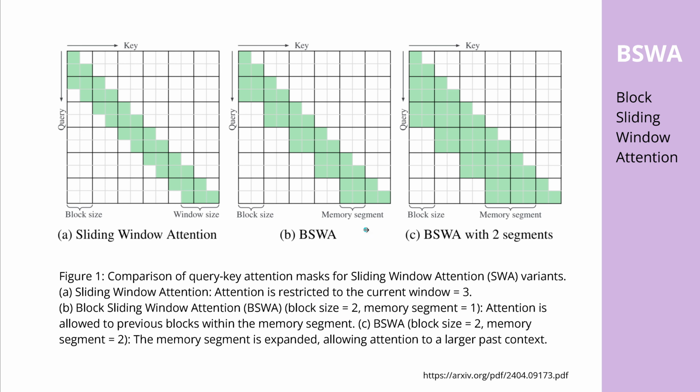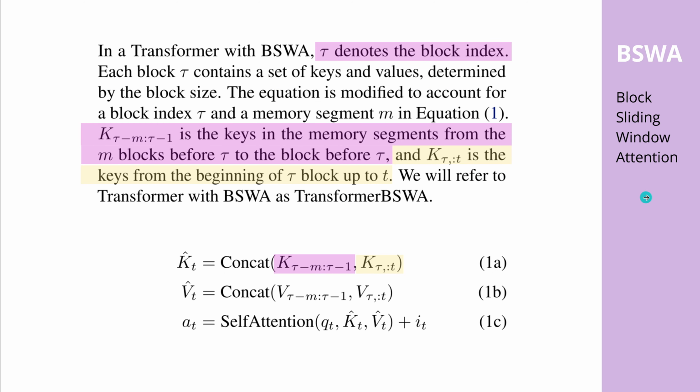Now you know, exactly like I showed you with infinite attention, memory segment 1 is just one segment here. And if we go now with 2 segments, yes, you have it that we go back now 2 memory segments. So rather easy to visualize, a little bit more complicated to write the actual formulas to compute this.